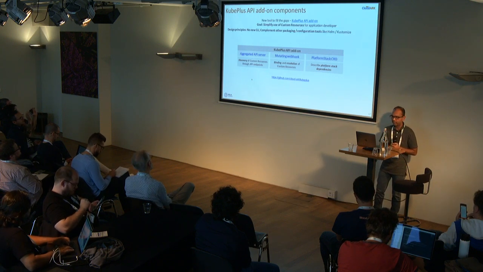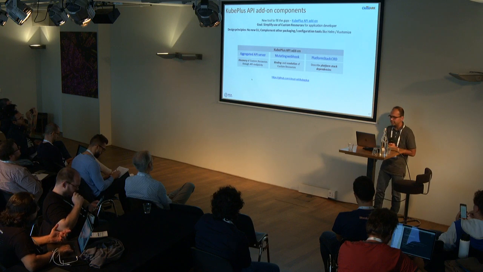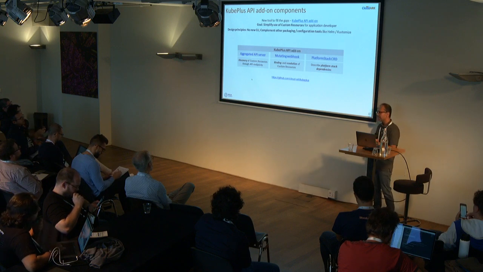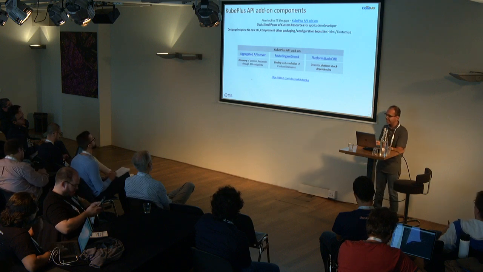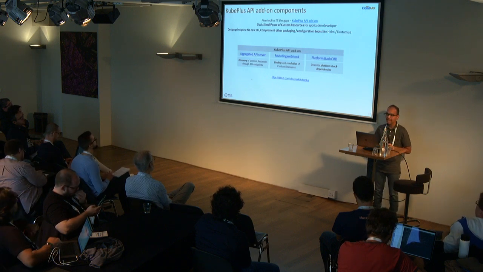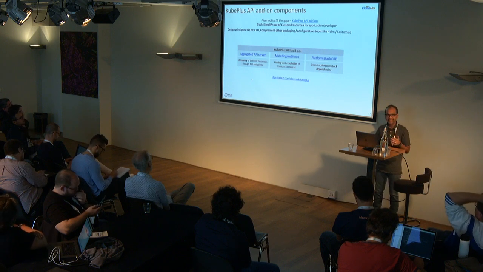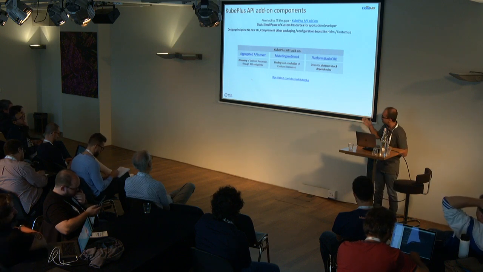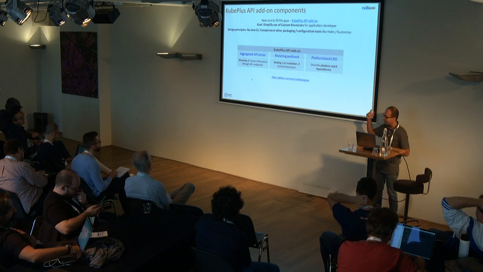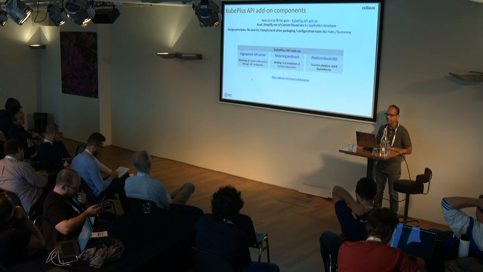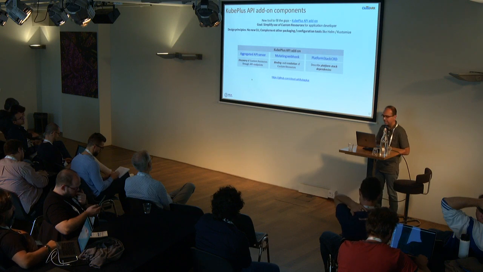For that, we have been developing the KubePlus API add-on, which fills these gaps. KubePlus is meant to complement existing tools. So it complements Helm, it complements Kustomize, and it consists of three independent entities. There is an aggregated API server, which helps with discovery. There is a mutating webhook, which helps with binding resolution using runtime information.